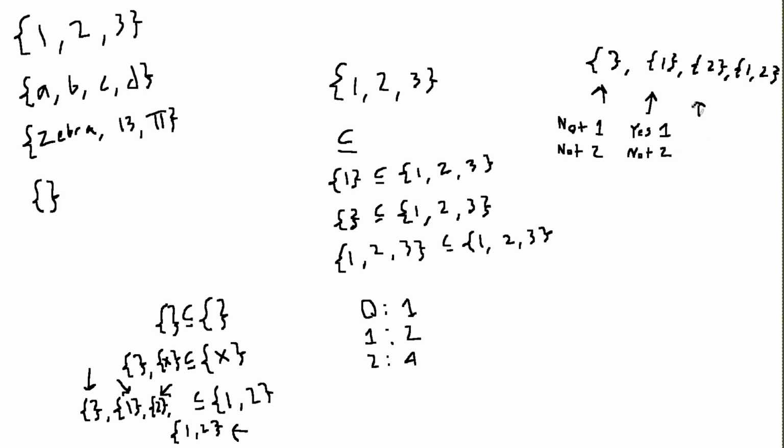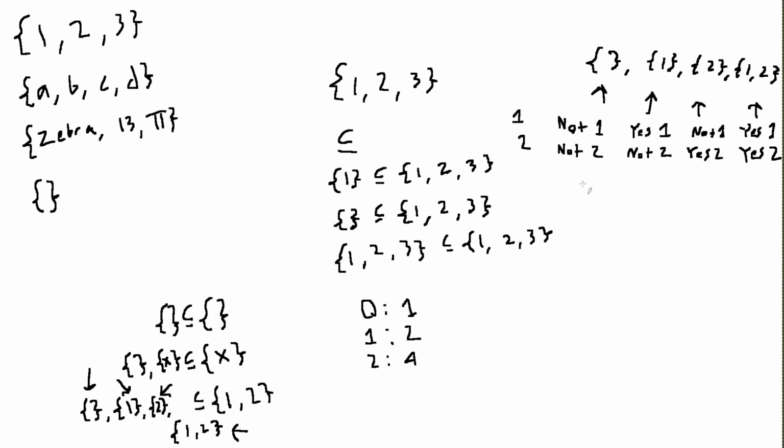This one contains not 1, yes 2. This one, finally, contains yes 1 and yes 2. So really, what we have here is sort of a chart of all the different subsets. We're boiling down each subset to not and yes. So this is if we're including 1 or not, and this is if we're including 2 or not.